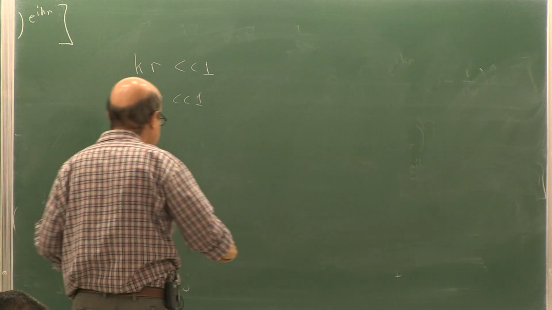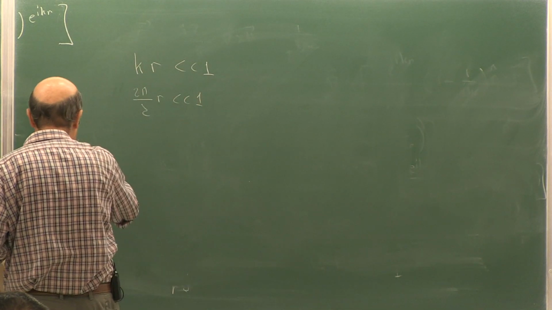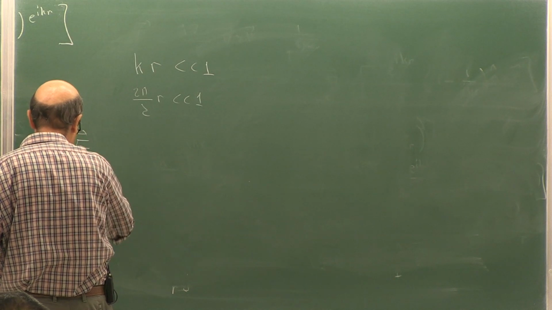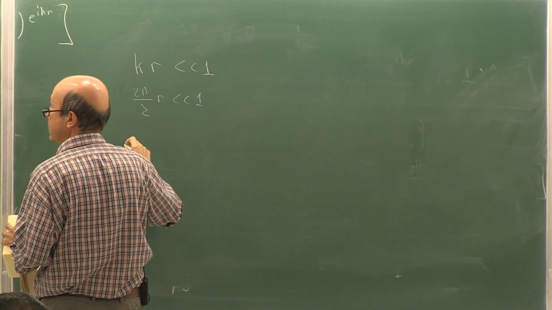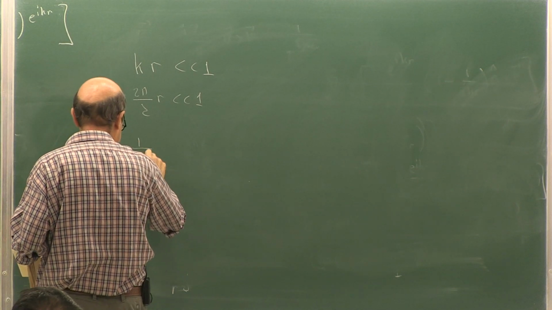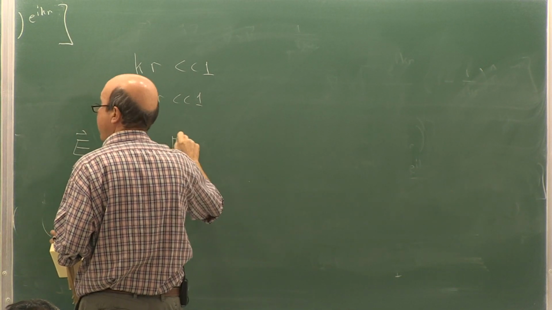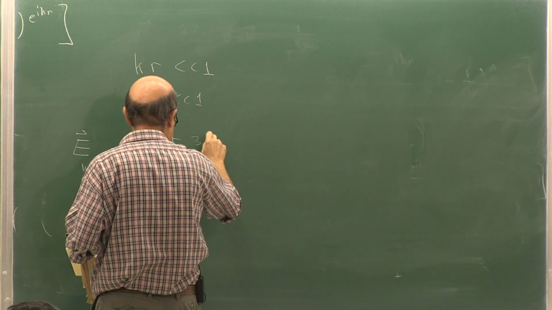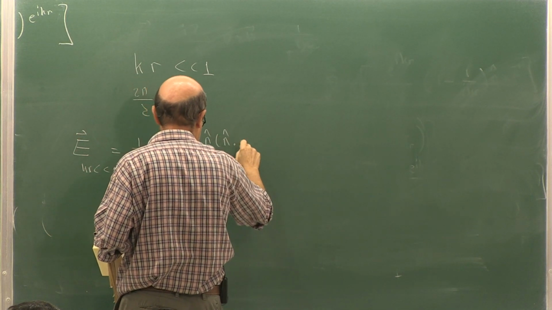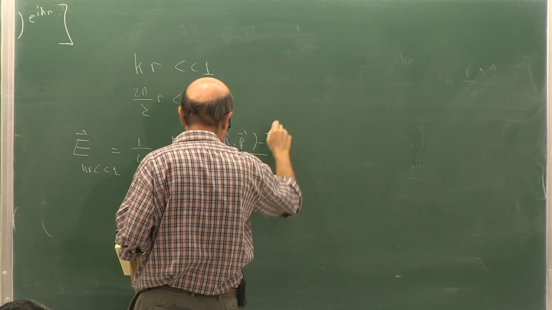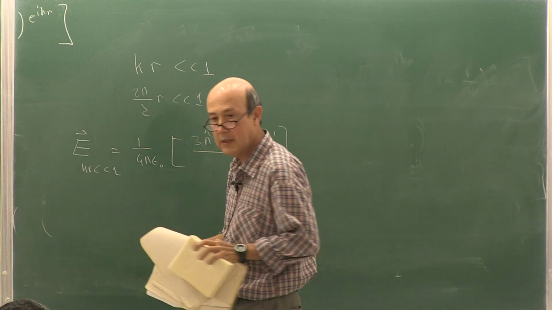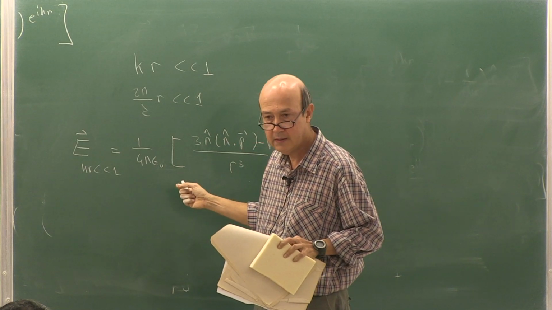And if you write the electric field in the near zone, you will obtain 1 over 4 pi epsilon 0 times 3 n hat dot p over r cube. Is this field oscillating?